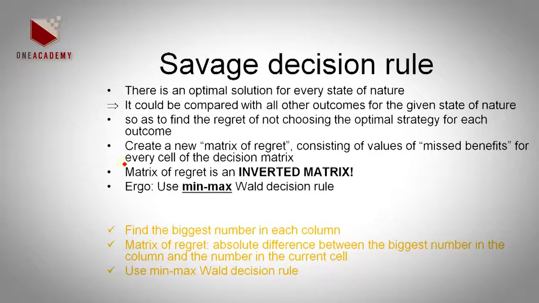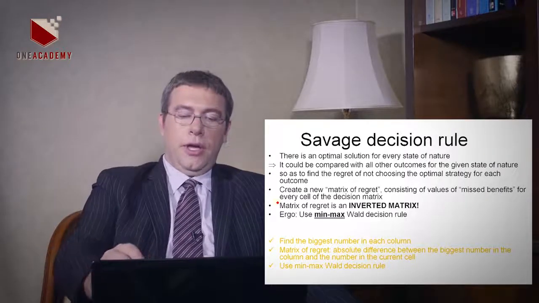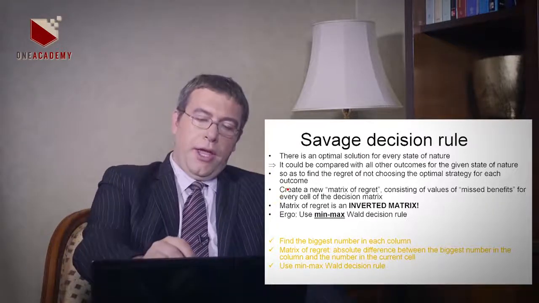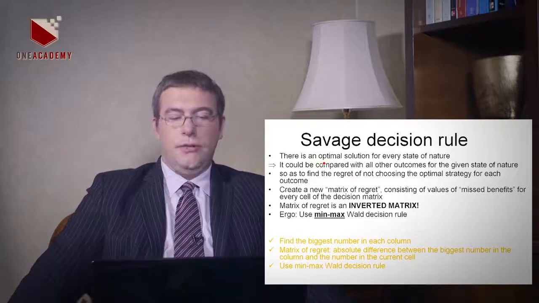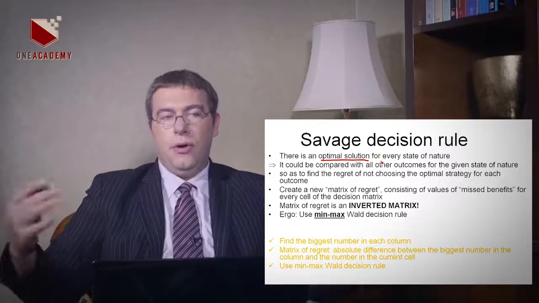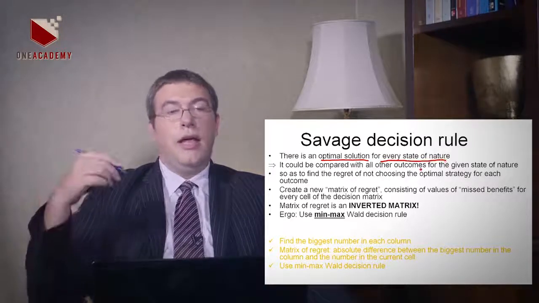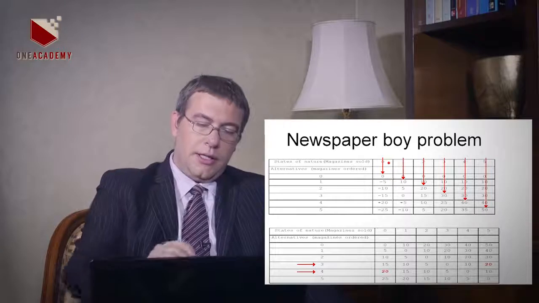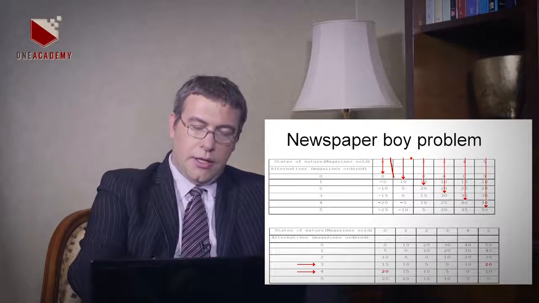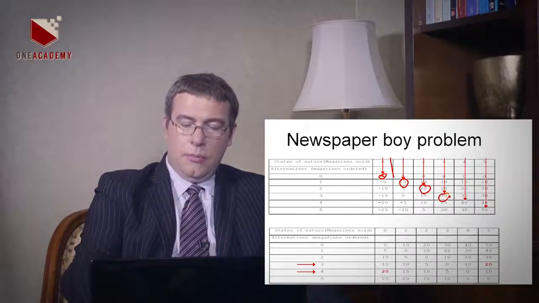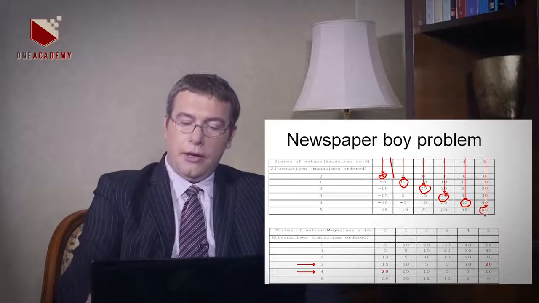So starting from analysis in columns, as I already stated, we can see that for each column, so for each state of nature, there is at least one single best solution. There might be more than one, but at least one single best outcome. So for example, here, the single best outcome is in this cell, the single best here is here, the single best is here, and so on. For our case, it is always on the main diagonal.